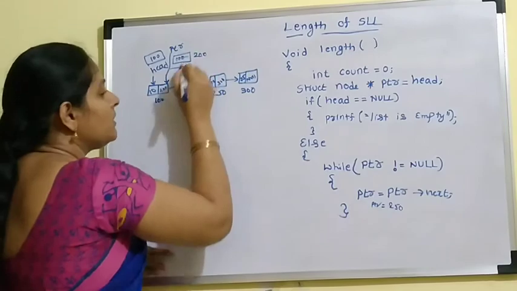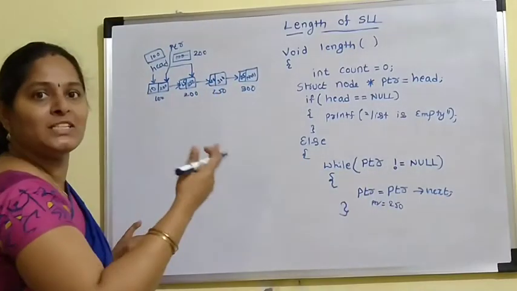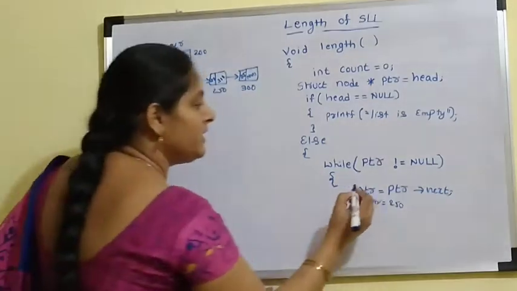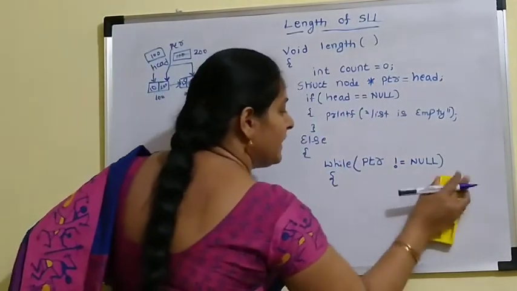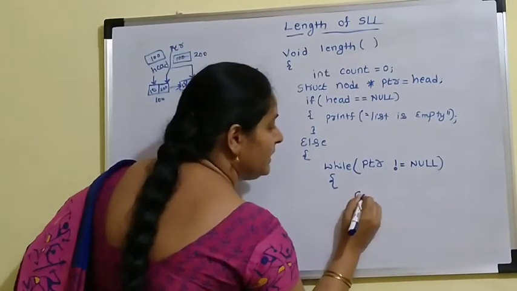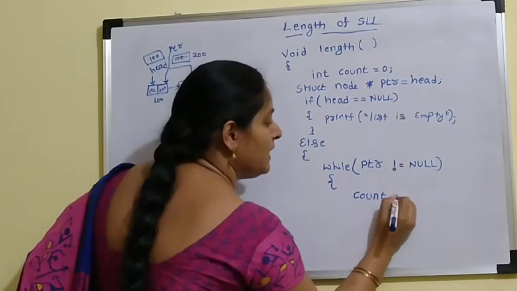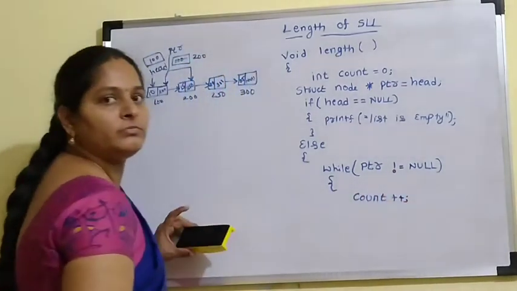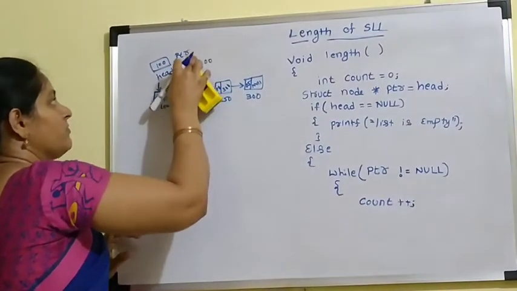Now before moving that PTR, we need to count the number of nodes also, right? So here we need to increment the count value. If PTR not equal to null, increment the count value. Okay, so first time I'll explain once again.